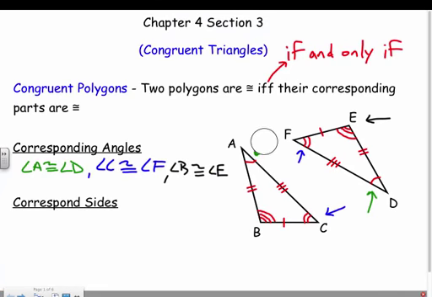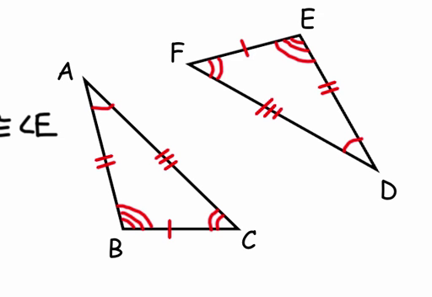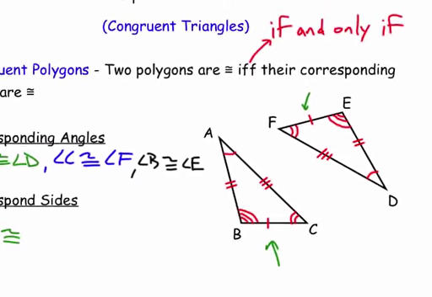And then the same thing kind of works with my sides. I have dash marks. So when there's one dash with BC and FE, I gotta be careful here. So if I say BC is congruent, should I say FE or EF?